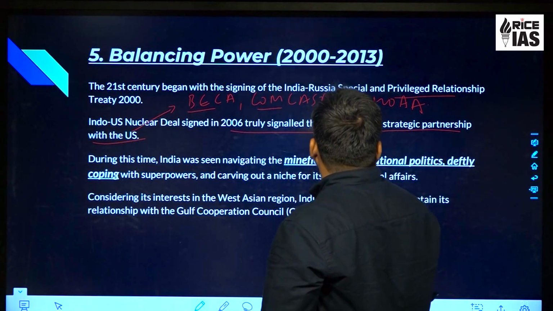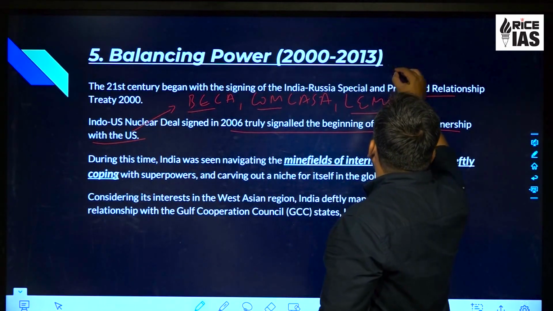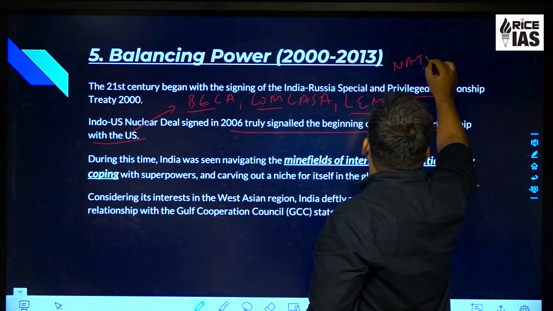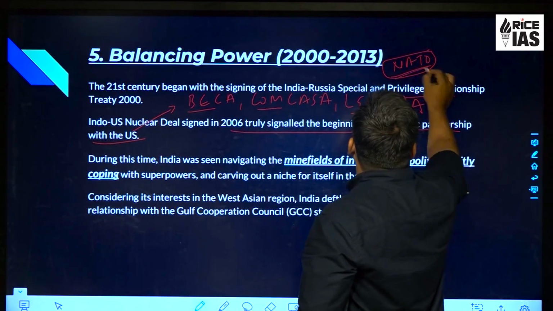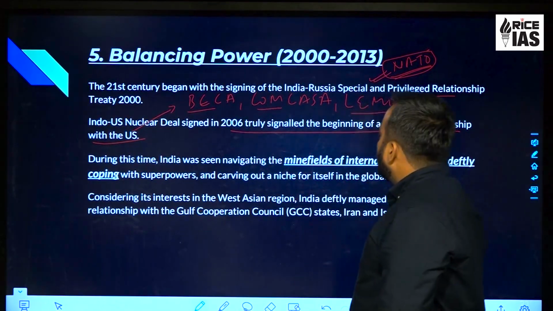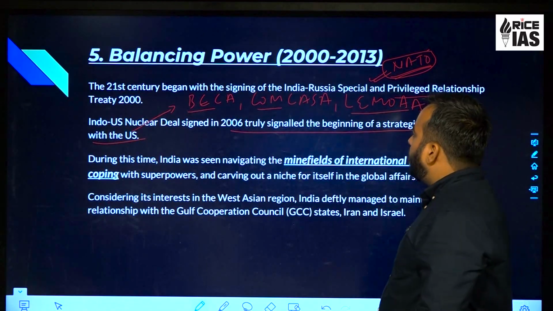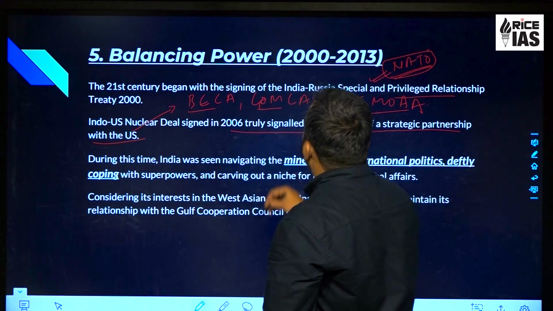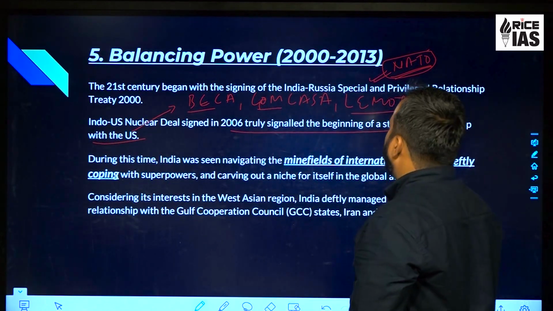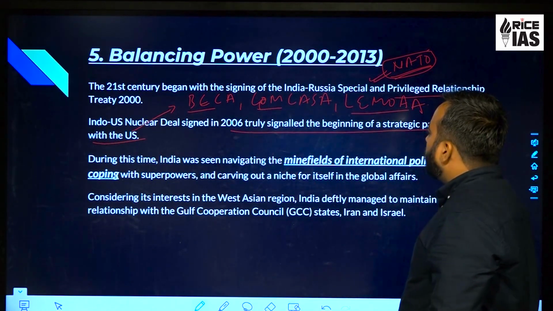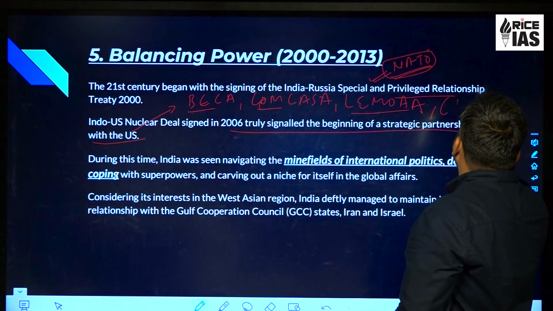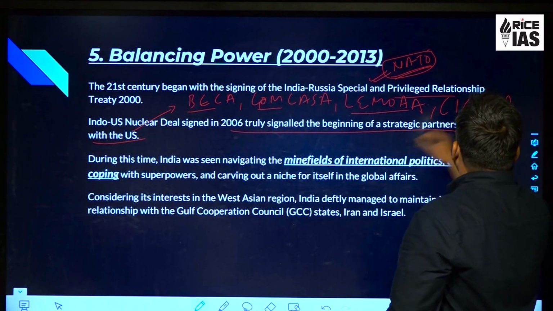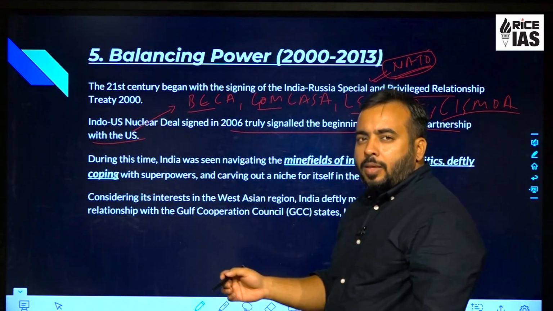So India is not a member of NATO, but India is treated on par with NATO, because the foundational agreements of military and security cooperation have been signed. There is one more, CISMOA. So these have been signed over a period of time.